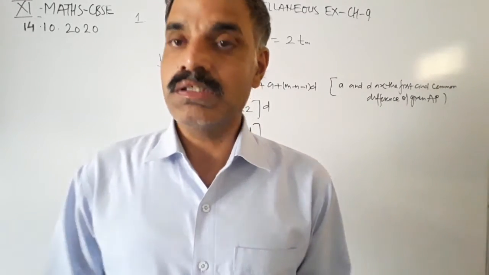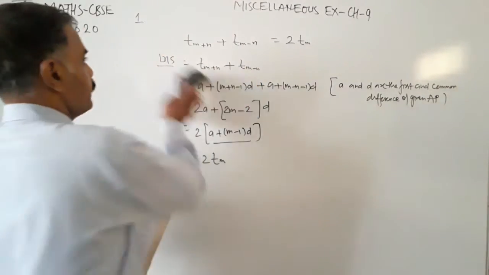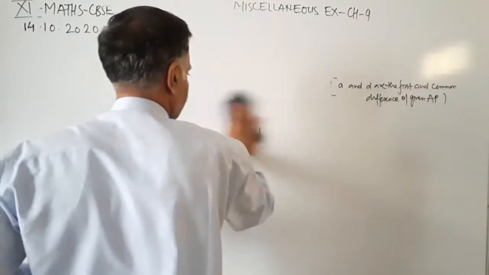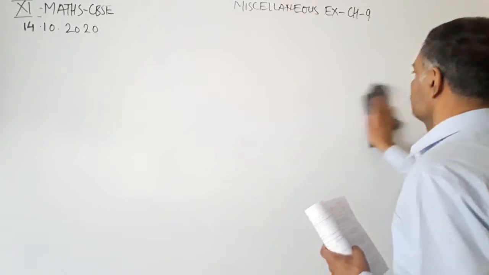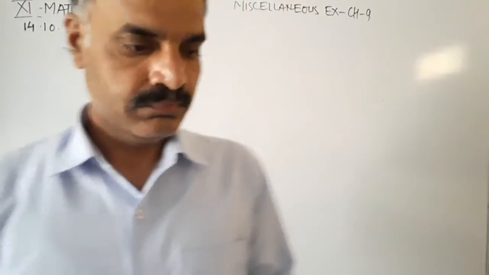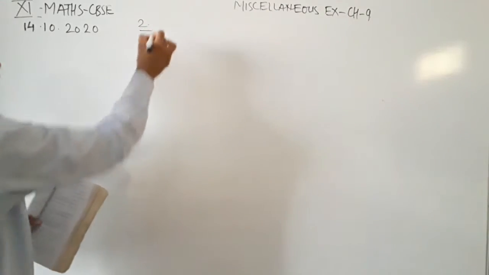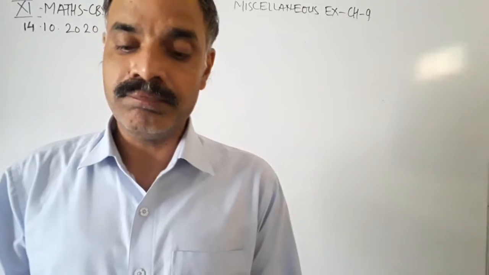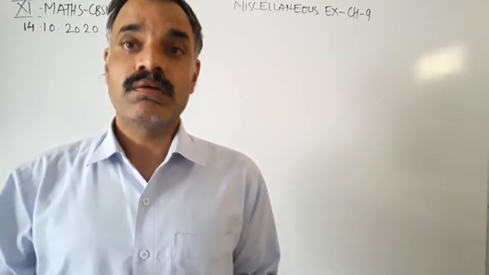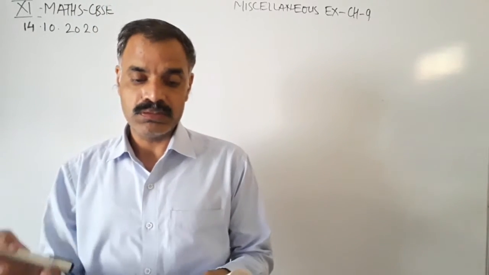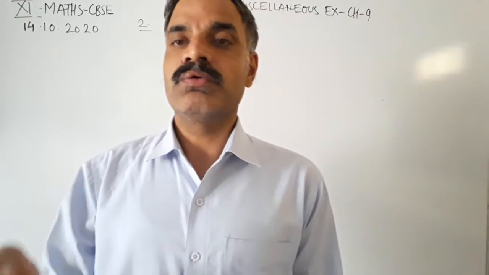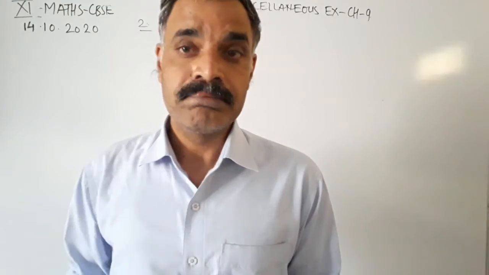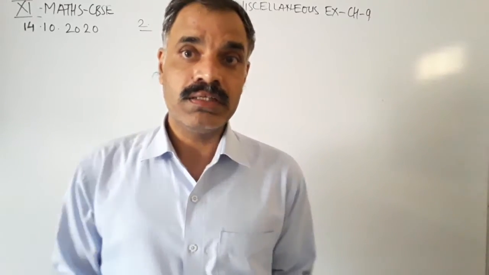Now let us take question number second. If the sum of three numbers in AP is 24 and their product is 440, find the numbers. What are the numbers? So three numbers in arithmetic progression.